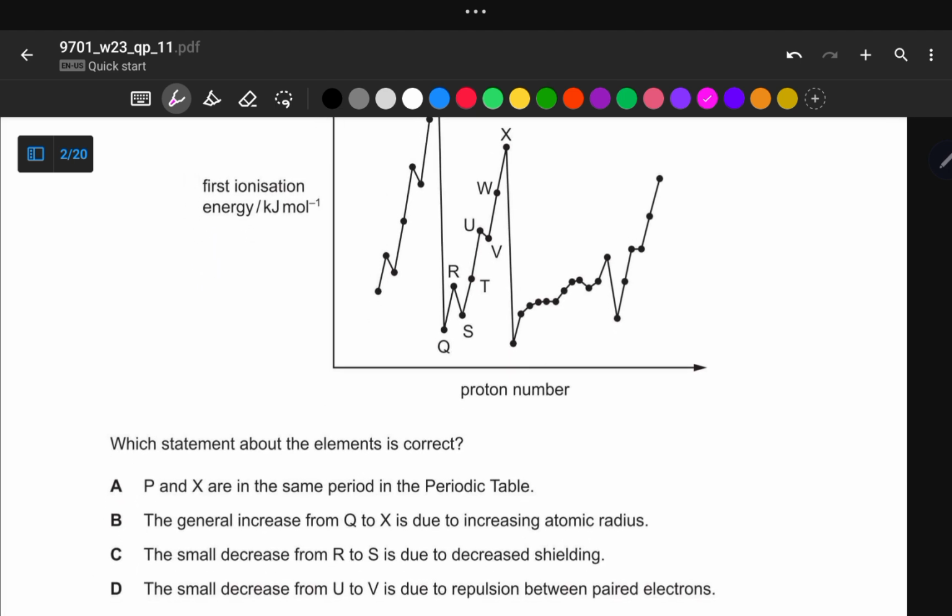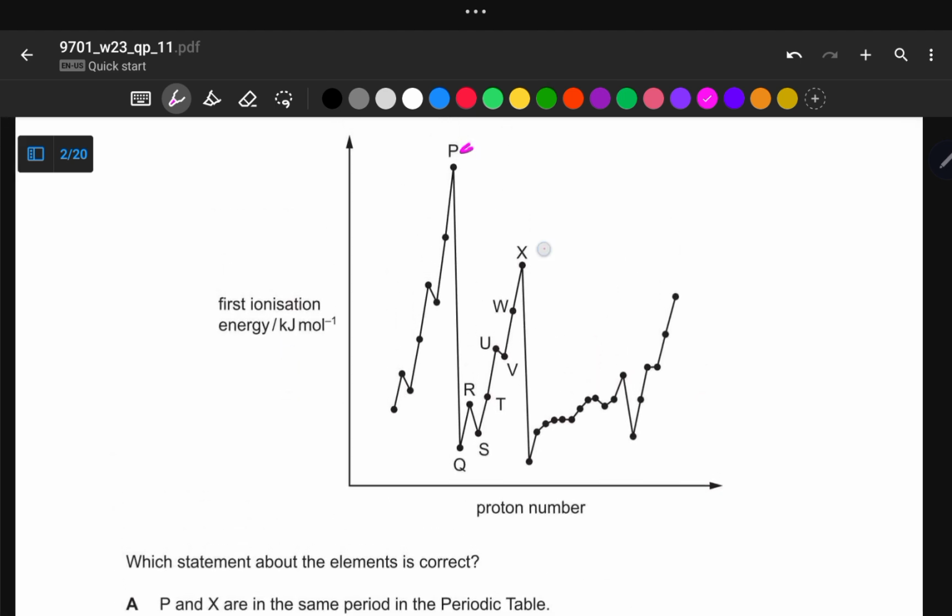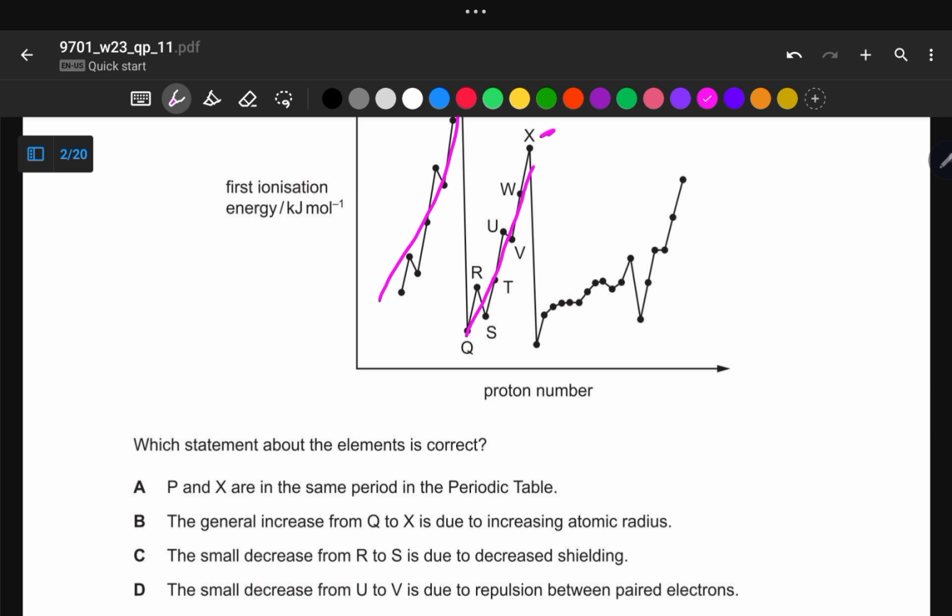So we have: P and X are in the same period. Where is our P? Here is our P, and here is our X. This is very false, because we have another shell here, and then this is another shell. So P and X can't be in the same period. So this one is false.